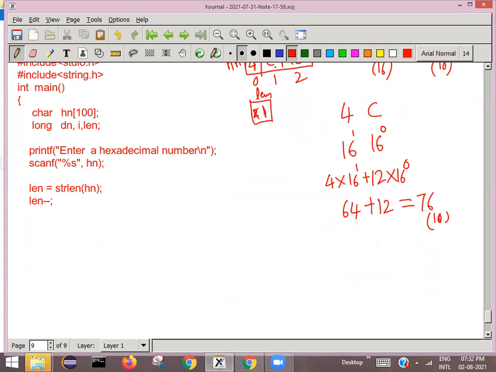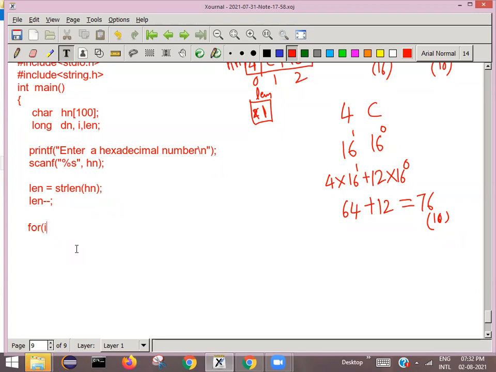Using a for loop, read character by character until you reach the 0th character. So I'm using a for loop here. For int i, already we declared i, so I use i here.